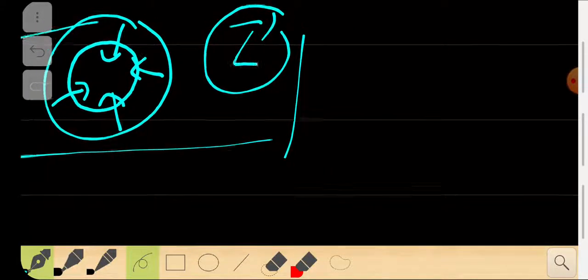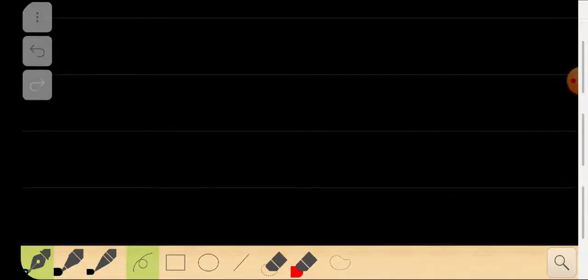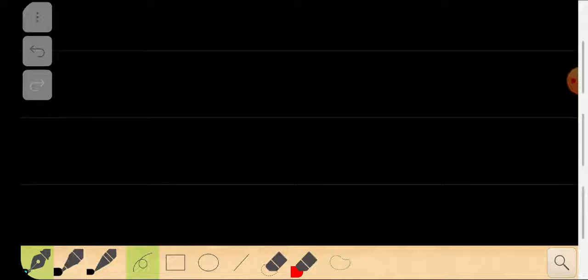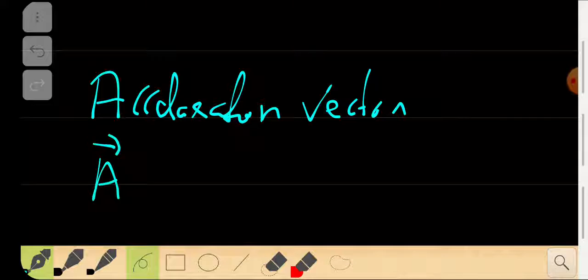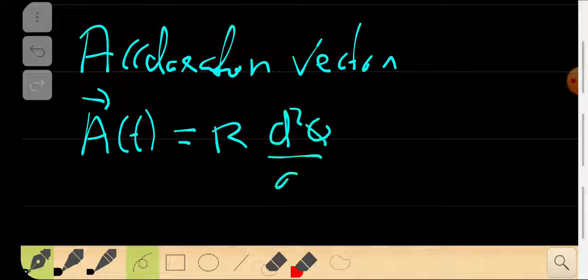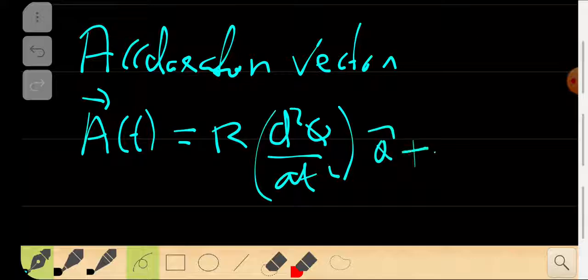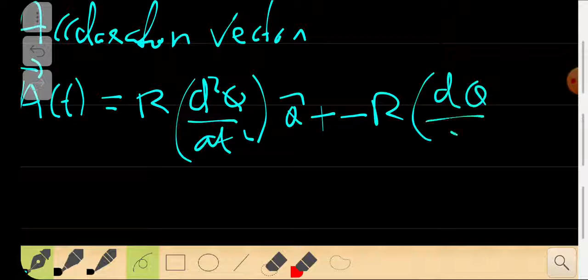So that's understanding the velocity equation. Now let's do the acceleration. We have already derived the acceleration vector, a vector of t, not a unit vector anyway. That will be r times d square theta by dt square in the theta cap direction, minus r times d theta by dt the whole square.